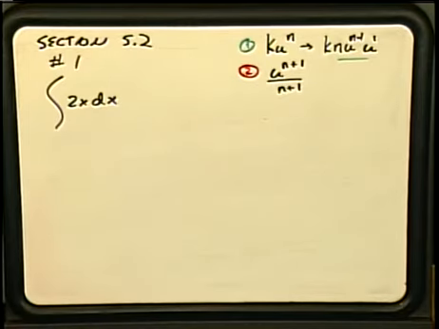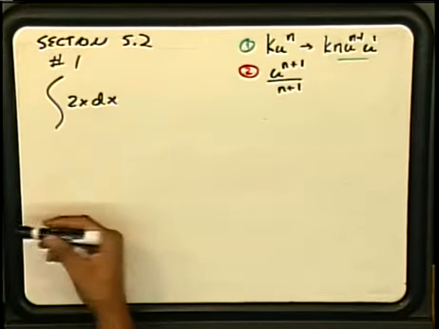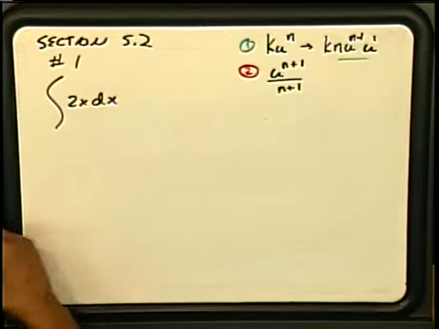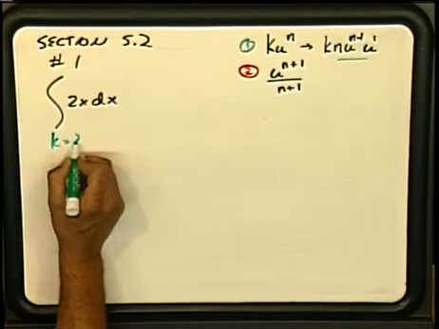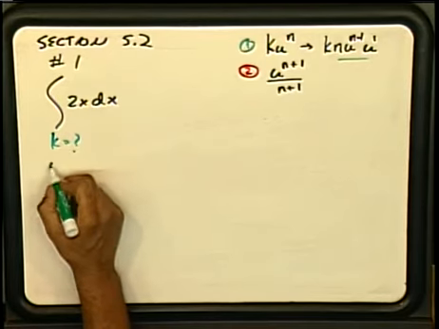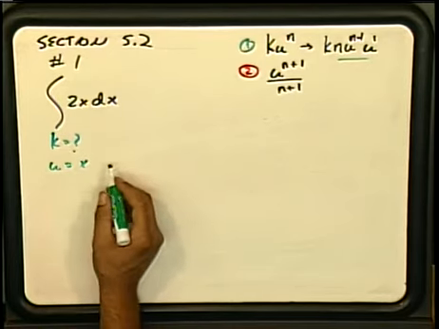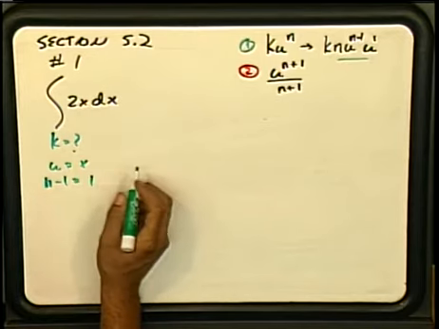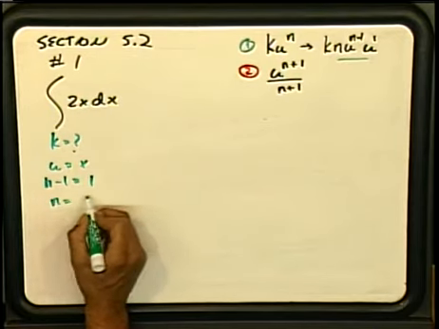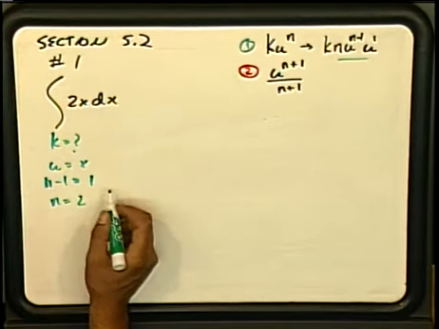I'll solve in both methods again. Start with method 1. Method 1, you're looking for k. U equals x. N minus 1 equals 1, which means n equals 2.